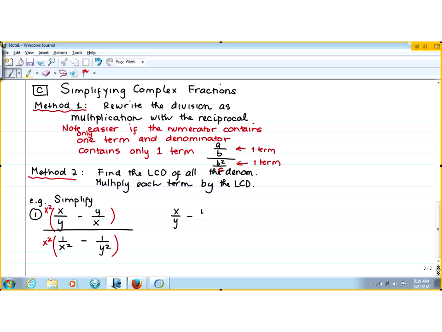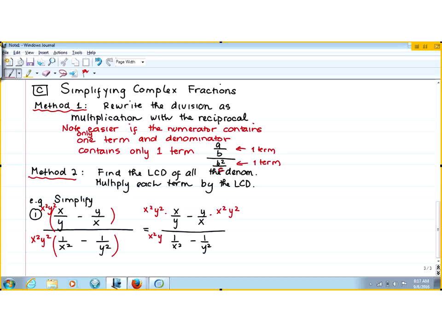All right. So now I'm going to rewrite them separately. So you have x over y minus y over x divided by 1 over x squared minus 1 over y squared. And I will rewrite the multiplication separately. So x squared times xy. Oh, x squared y squared. I forgot. What did you say the LCD was? Yeah, x squared y squared. So then I have x squared y squared times the first term.